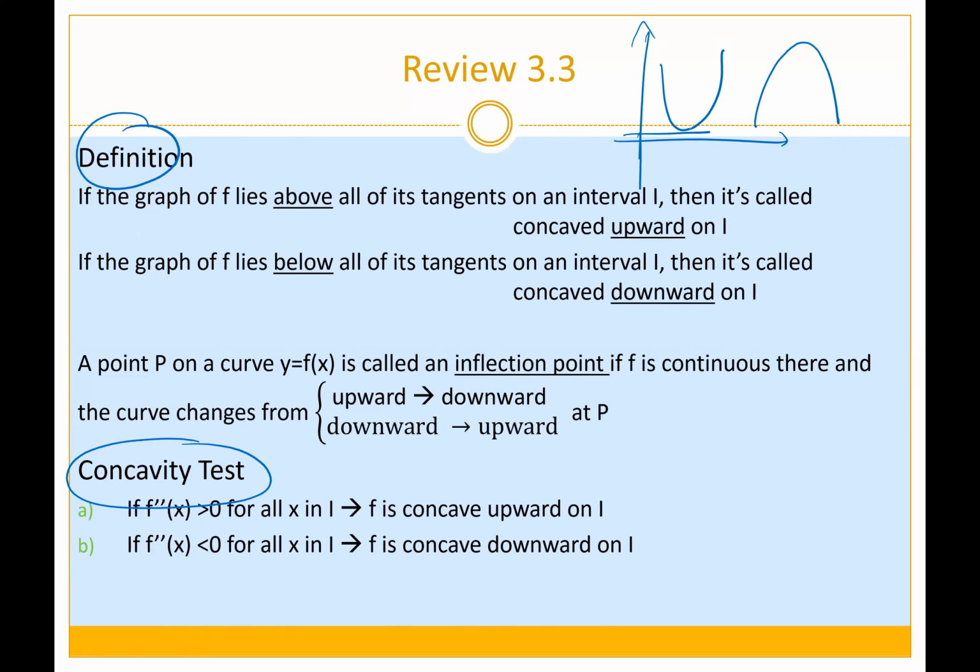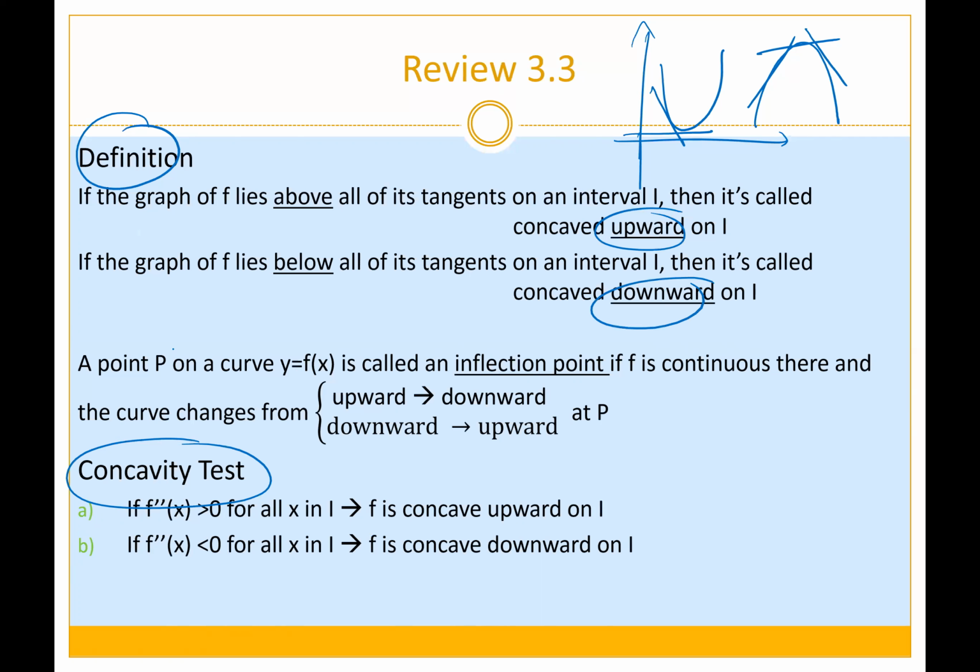When the tangent is below the graph, the graph is above the tangent, which is concave upward, and you can remember it as a U shape for upward. Flipping that, it's going to be downward: the tangent is above the graph, or the graph lies below all of its tangents.